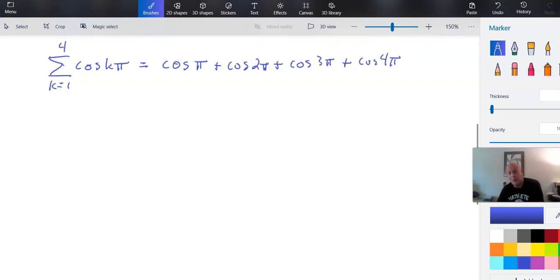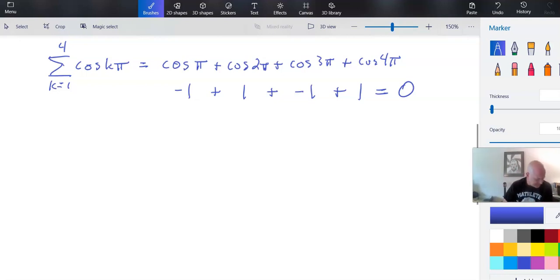Now, if you remember your values of cosine, cosine pi is -1, cosine 2 pi is 1, cosine 3 pi is -1, and cosine 4 pi is 1. And so if I add these 4 numbers together, I get 0, right? So it could come out to 0 very easily.